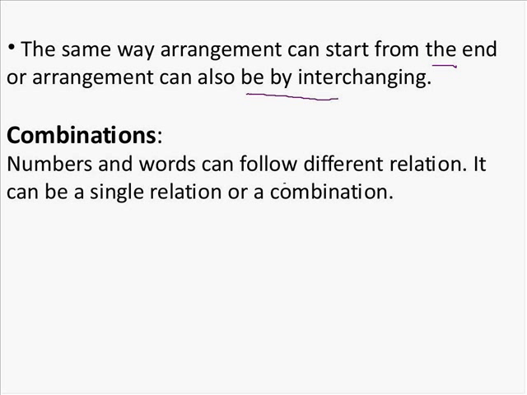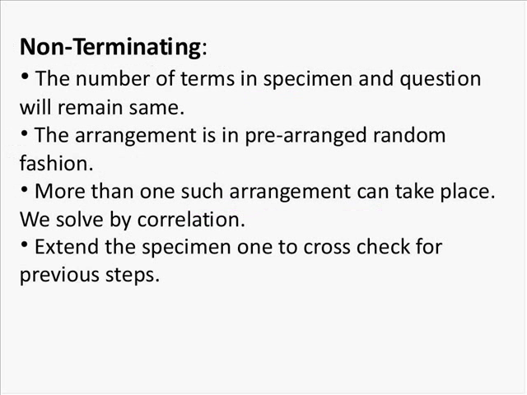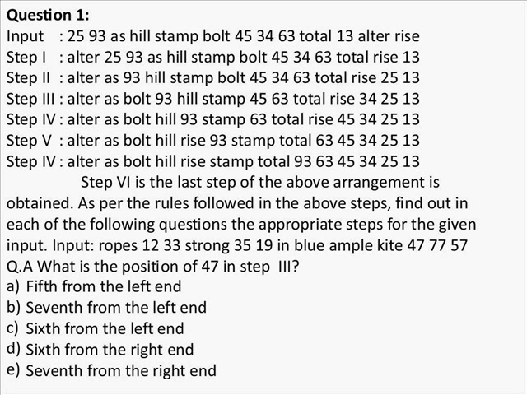It can be single relation or combination. Okay. Now, non-terminating means it is never ending. So that means it is according to position. The arrangement is in a pre-arranged random fashion. More than much can take place and be solved by correlation. This I'll explain later. Now you see the question.